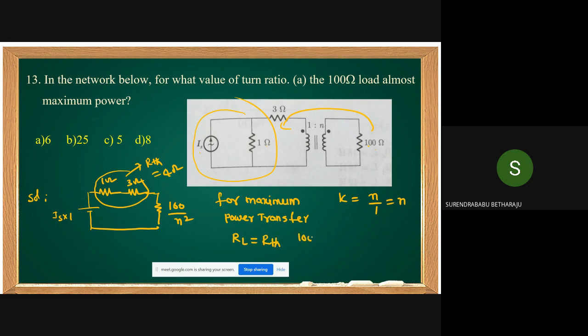That is 100 by n square equals 4. Then n square equals 25, so n equals 5. The value of n equals 5. Option C is correct.